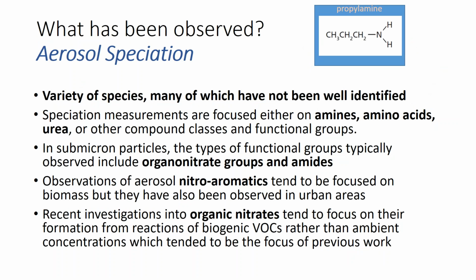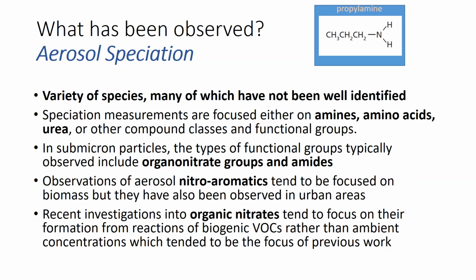So when we think about what has been observed specifically for aerosols, there are a variety of species, but many have not been well identified. Some speciation measurements are focused on specific classes of compounds, like amines, amino acids, and urea, but other measurements focus on compound classes or functional groups because a mass spectrometer is used and there is fragmentation of the compounds, so they can only get so much information about what is in the compound.